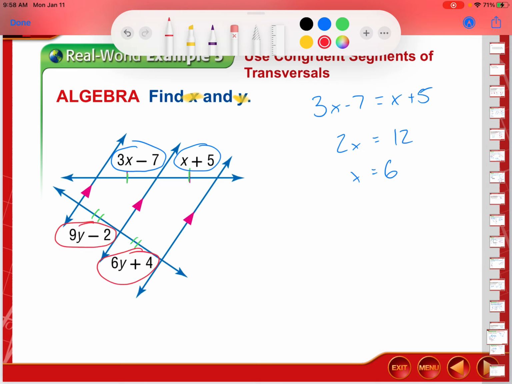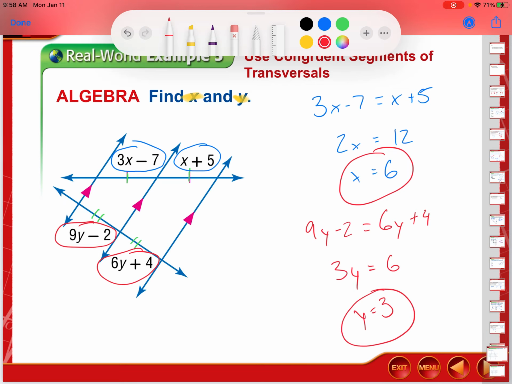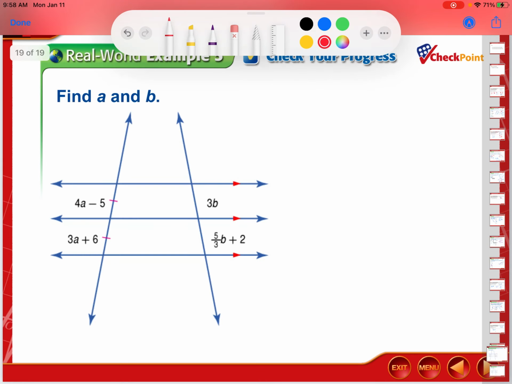We know 9y minus 2 is the same as 6y plus 4. So we would write that into an equation, and then we would solve for y. And so we would get 3y equals 6, y equals 3. So our answers would be x equals 6 and y equals 3.